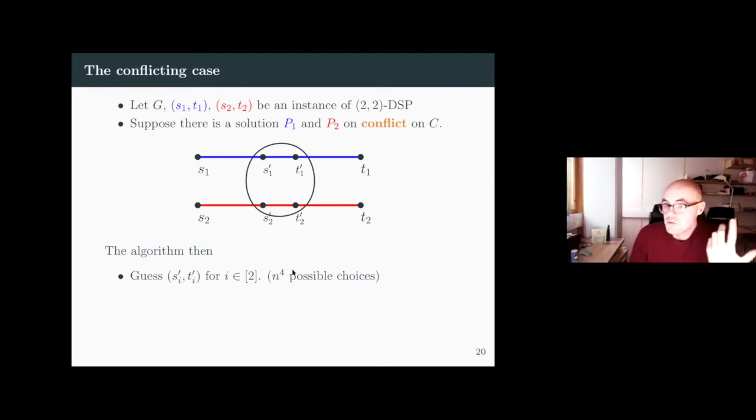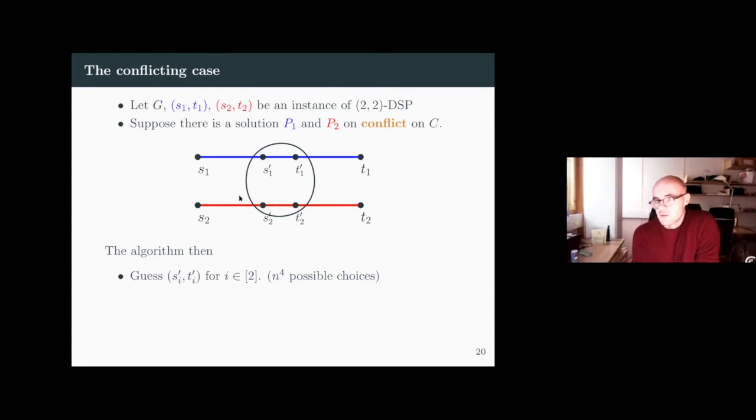Suppose now that you've guessed the right points, so S1 prime, T1 prime, S2 prime, T2 prime. I say that P1 and P2 cannot intersect outside this component. In particular, any blue path from S1 to S1 prime and any red path from S2 to S2 prime cannot intersect, because if they intersect, then you have a red path which is conflicting on this component and intersects outside.